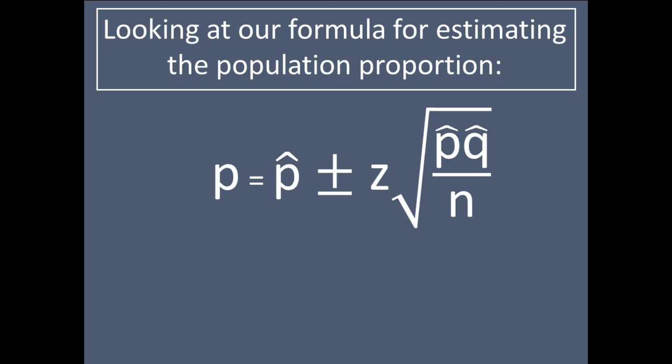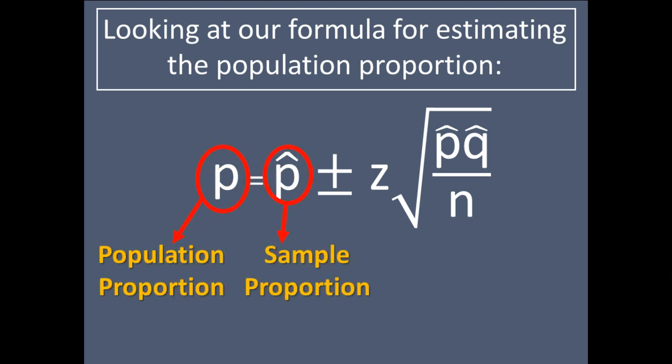Looking at how we would deal with the sample size question for proportions, again, our sample size formula will be based upon our confidence interval formula, and we remember the pieces of that confidence interval formula. We have the population and sample proportions, but really what we want to concentrate on is everything after that plus minus.